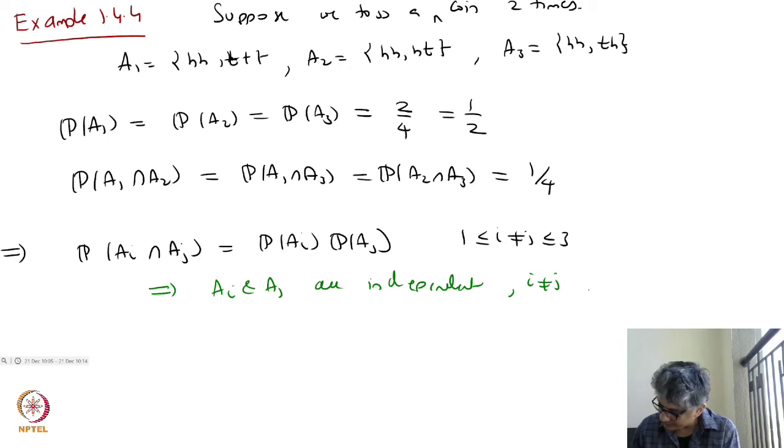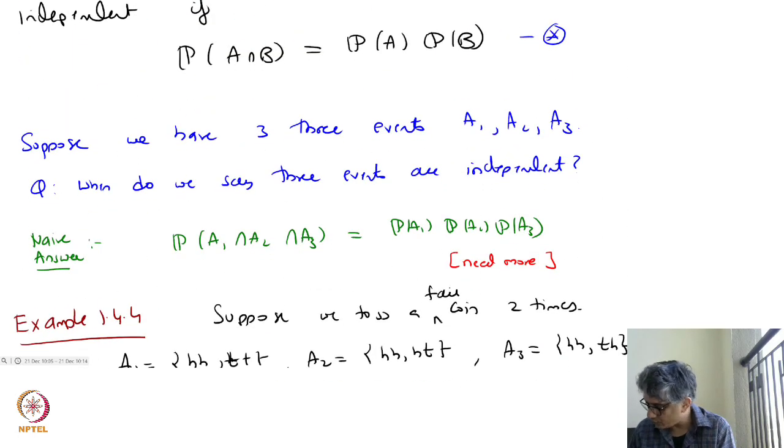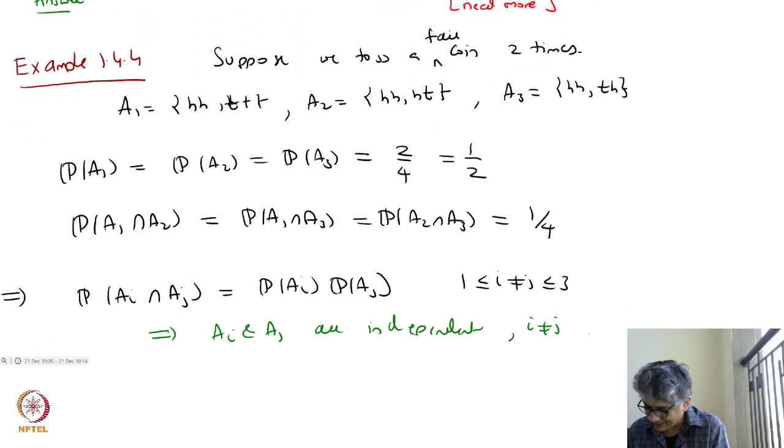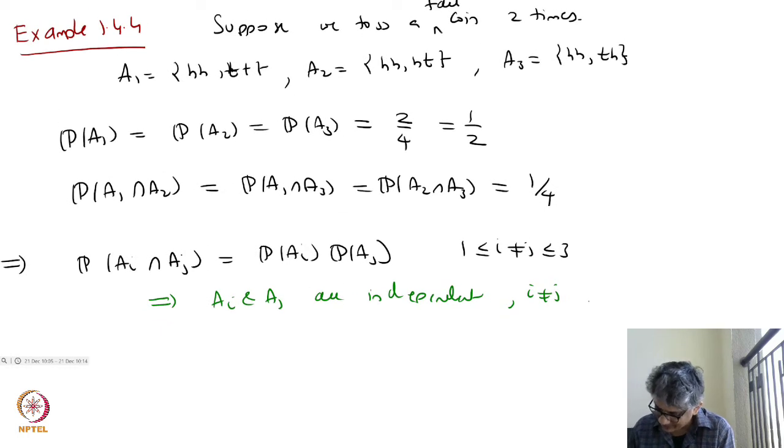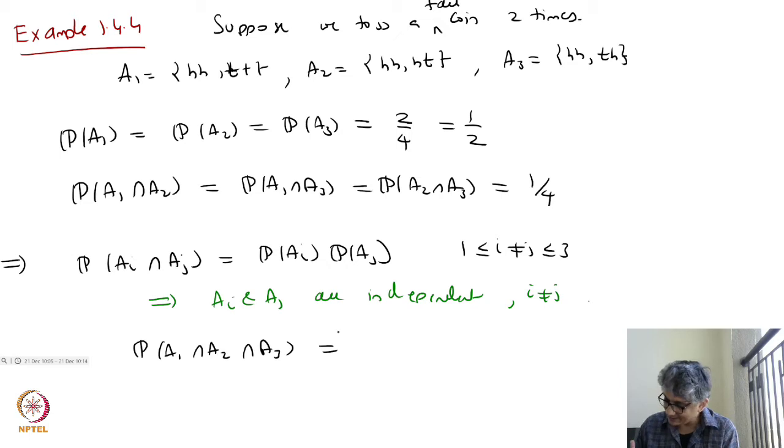Now comes the crucial part. I wanted to understand what more I need. One idea could be that I have probability of A1 and A2 and A3 equal to this, and all the pairs are independent. But that may not be the case. What's the common intersection of all three? It's just HH, so it's just probability of the event HH, and that's just 1/4.